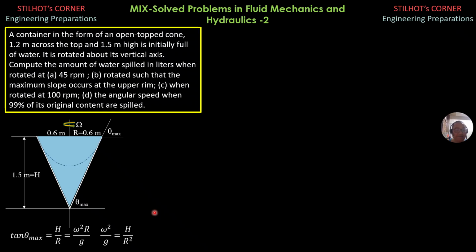And we also have a formula for the height, H max, W square R square over 2G, or 0.0005589 omega square R square if the angular speed omega is in revolutions per minute.